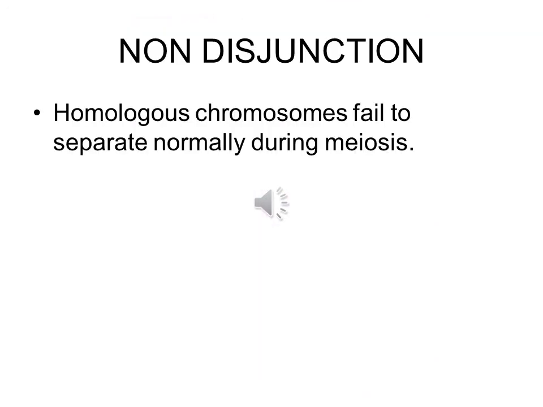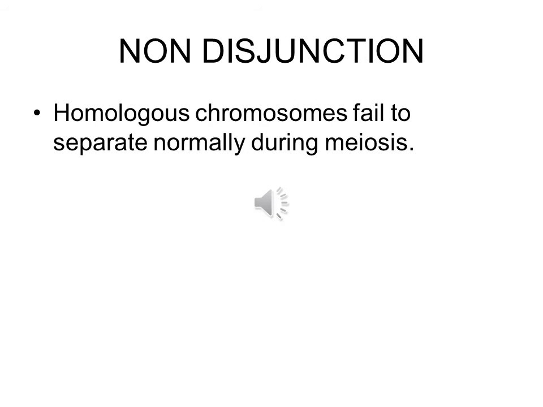I just told you that Down syndrome was the result of non-disjunction. Well, non-disjunction is an error that occurs during mitosis or meiosis. It's an error when homologous chromosomes fail to separate. And in meiosis, this will produce some gametes that will have 2 copies of a chromosome and others that will have no copies of the chromosome.